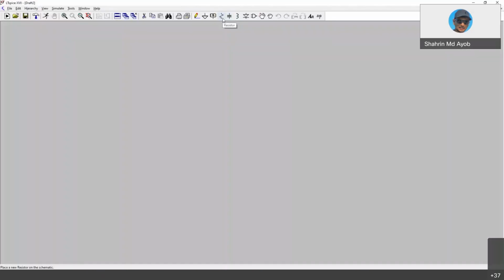If you want to put a resistor, just click the resistor. If you want to rotate it, press Ctrl R and it will rotate for you. If you want to remove the resistor, just right click and it will remove it.